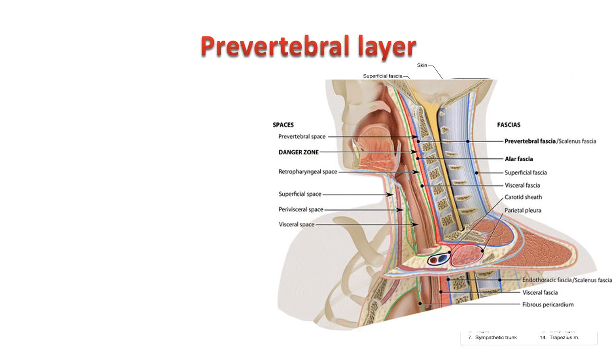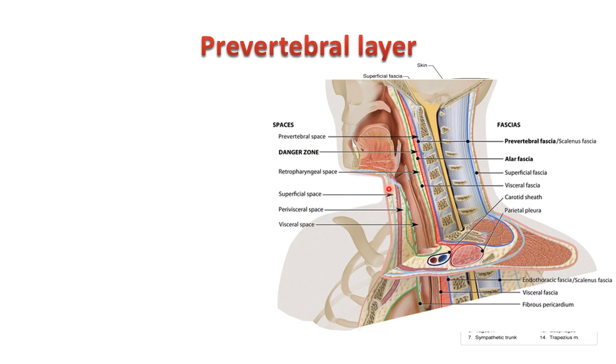So we have finished with the pretracheal layer. Now we are proceeding on to the prevertebral layer. Here you are able to see the cervical vertebra. In front of that you see that fascial layer, called the prevertebral layer of deep cervical fascia. It is present in a deeper plane.